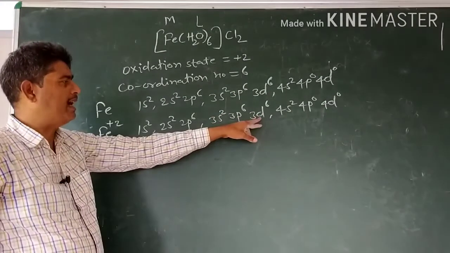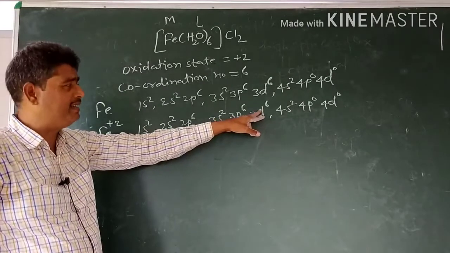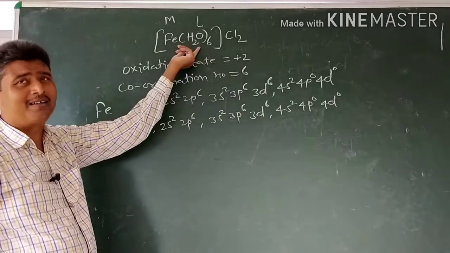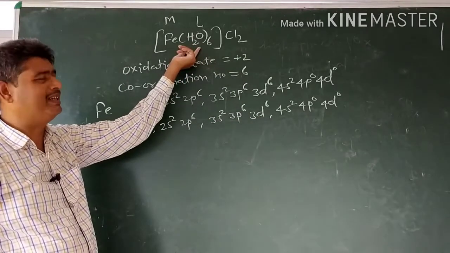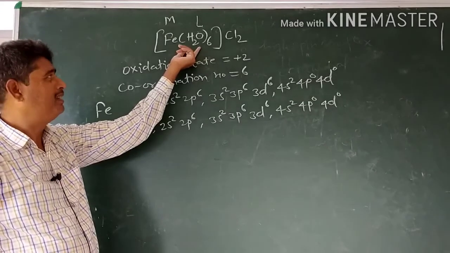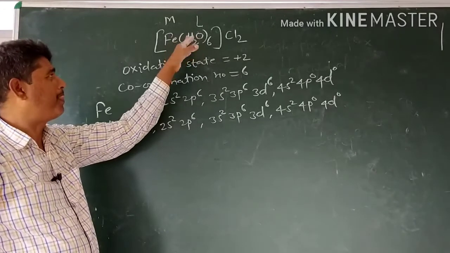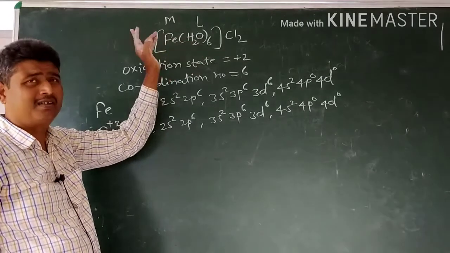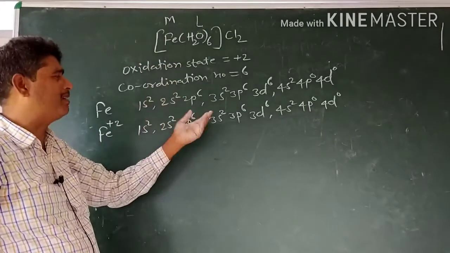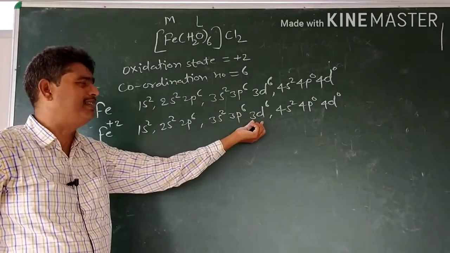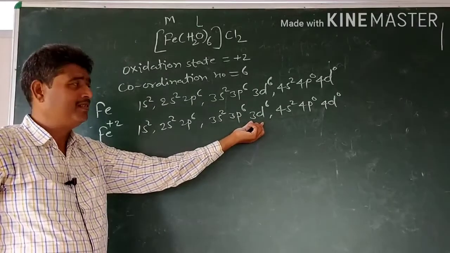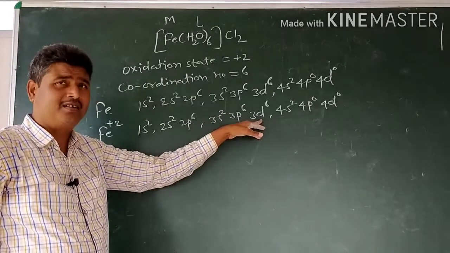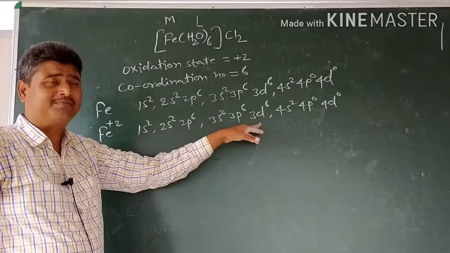Here the d orbital has 6 electrons, that is the d orbital is incomplete, but the ligand is water. Water is a weak ligand. So due to the presence of water, pairing will not occur in the inner 3d orbital. So no inner d orbital will become vacant.